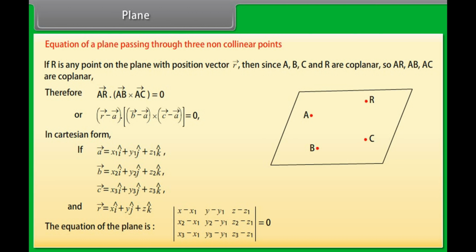Second row, x2 minus x1, y2 minus y1, z2 minus z1. Third row, x3 minus x1, y3 minus y1, z3 minus z1, equals 0.